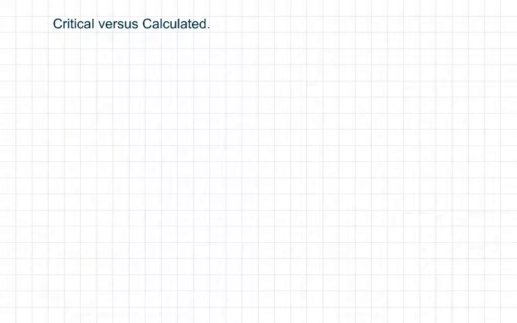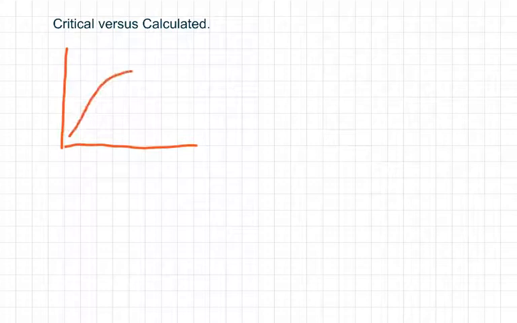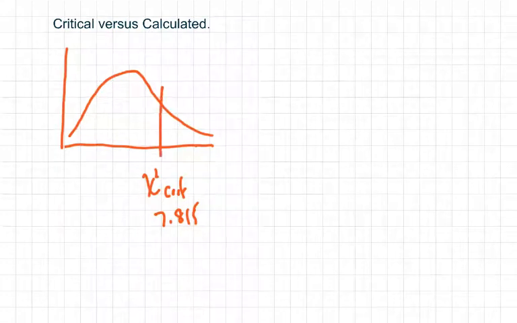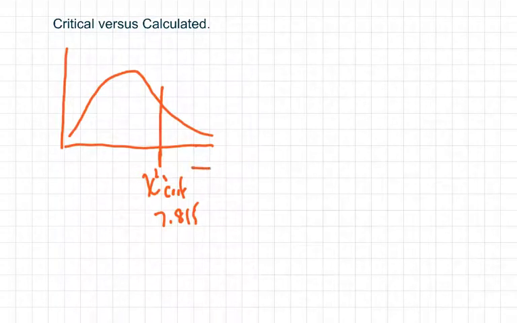Let's assume we've just carried out a chi-squared test, so let's pretend it's got a shape like that. It's a distribution, and it's told us that we have a chi-squared critical value of 7.815. So let's say there is a line here at 7.815. Chi-squared is increasing to the right.